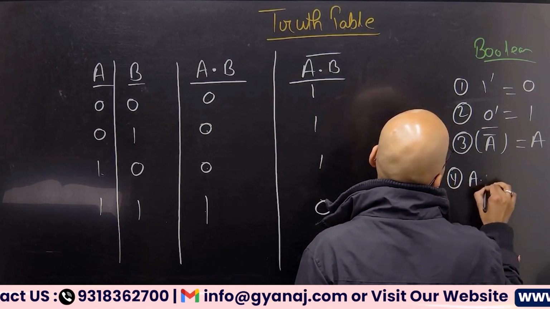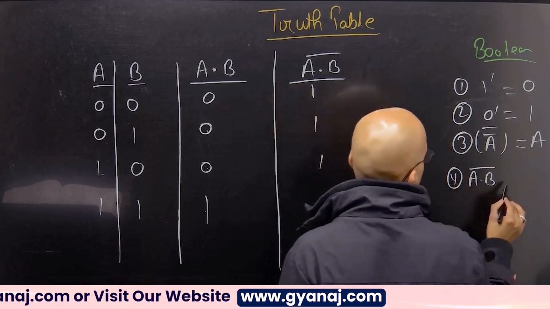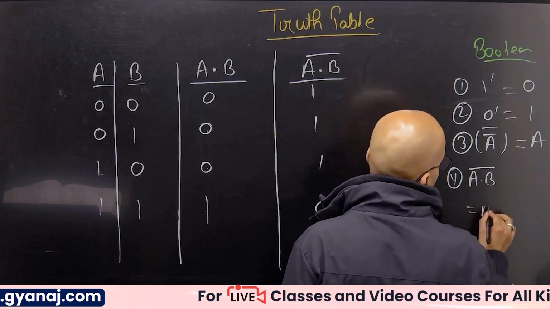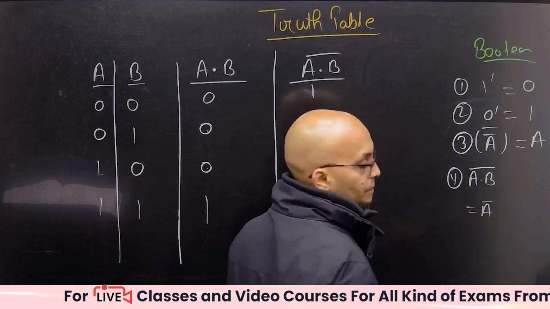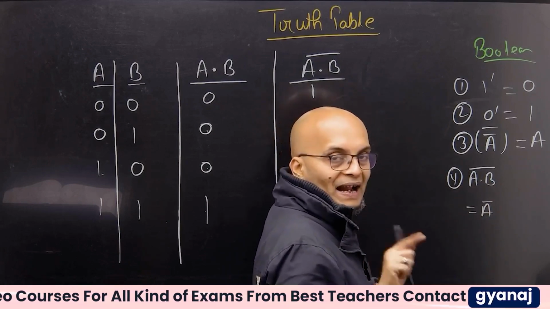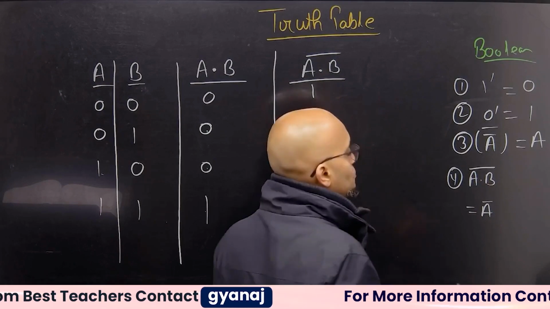If A dot B is written and you do the complement of it, you will distribute this complement. So A complement. Now complement of dot becomes plus. Complement of AND is always OR. Plus sign represents OR in Boolean algebra.